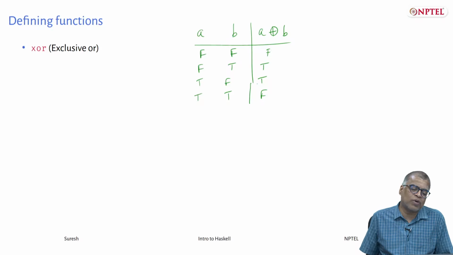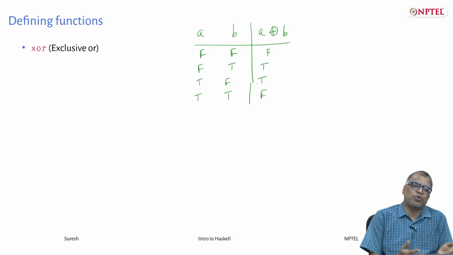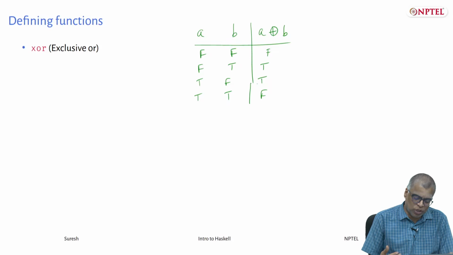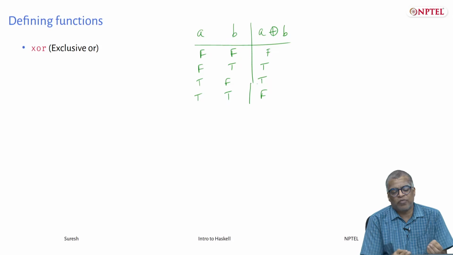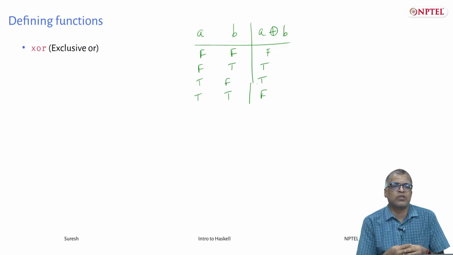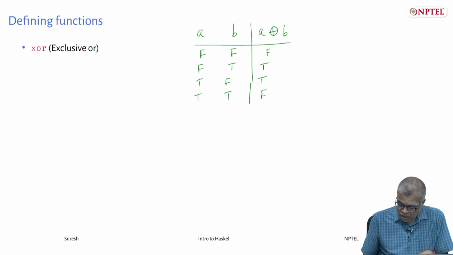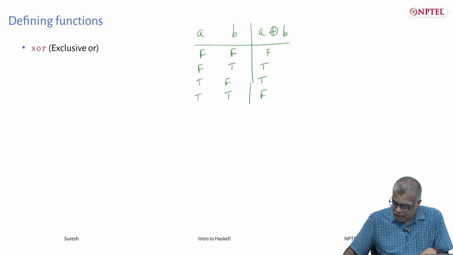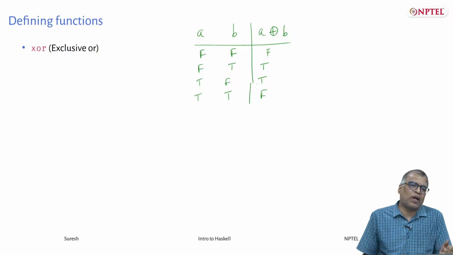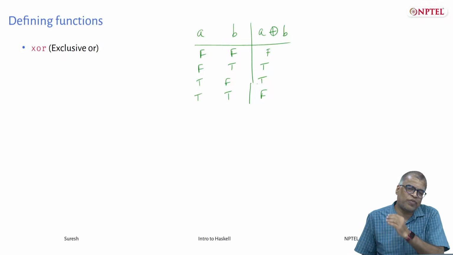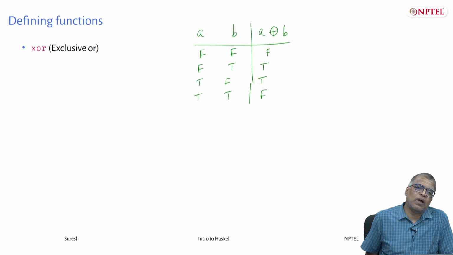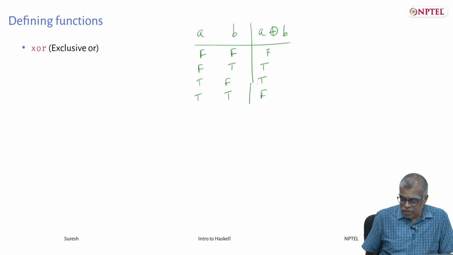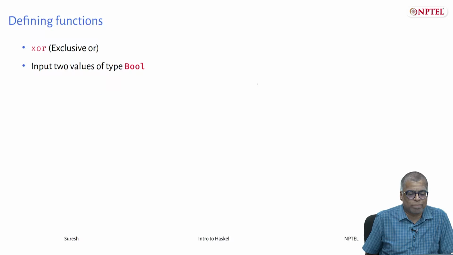When we learn a language, we would like to see all the ways in which you can express your basic thoughts, and the basic feature in functional programming languages is to define a function. So there are multiple ways of defining functions. We are just learning the vocabulary here by means of trying to define a very simple function whose definition we have given here. So with that preamble, let's see the various definitions for XOR.